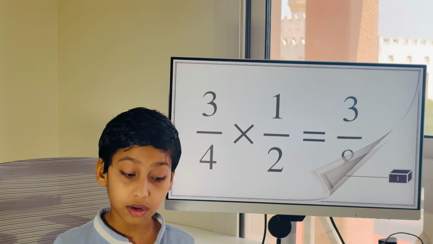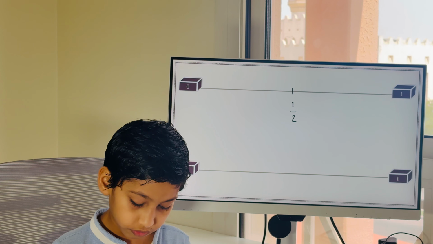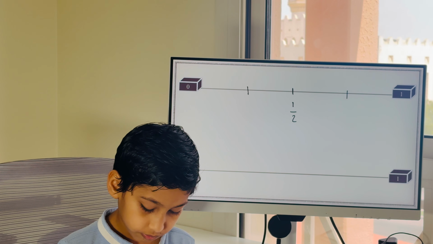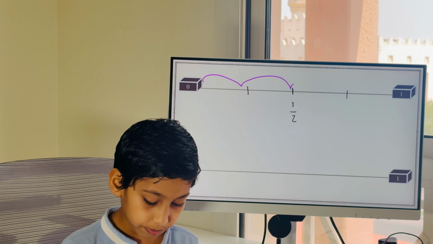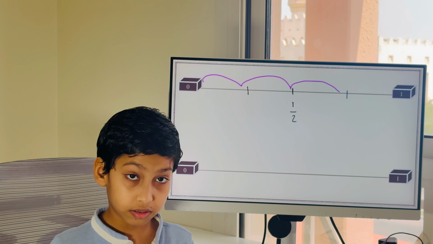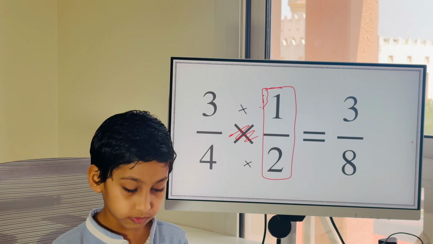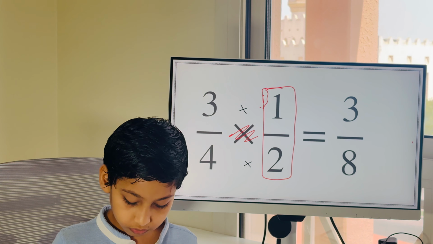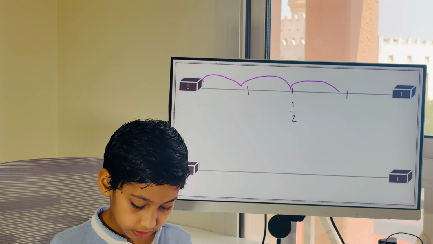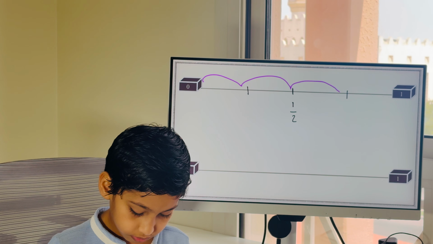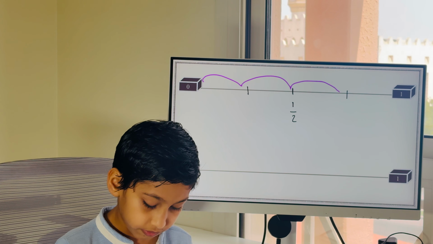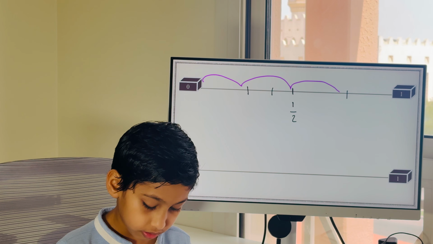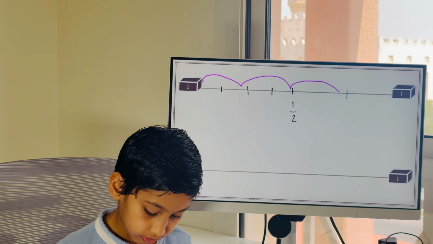So that doesn't mean that I'm going to divide this into fourths, so there are 4 equal sections, and choose 3 from these. Some people get confused, but it's not this way, because it's 3 by 4 of 1 by 2, right? So instead, we'll have to divide this part right over here into 4 equal sections.